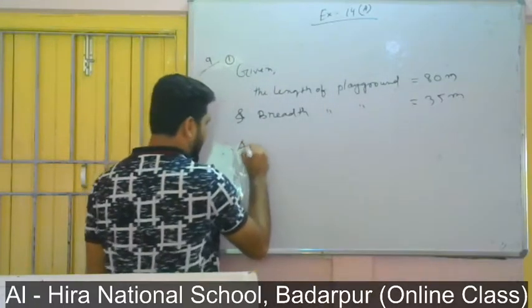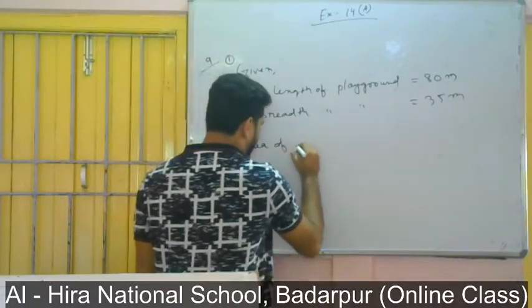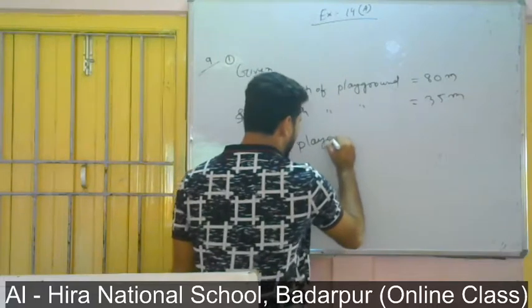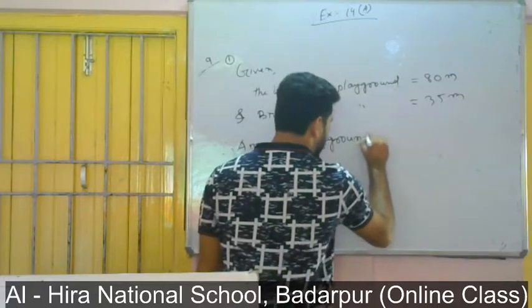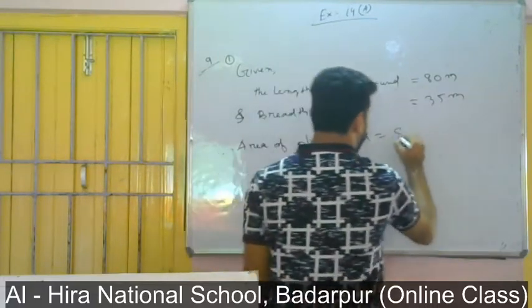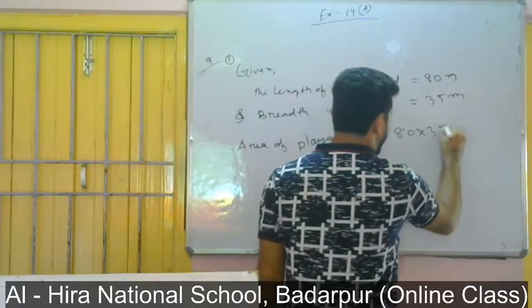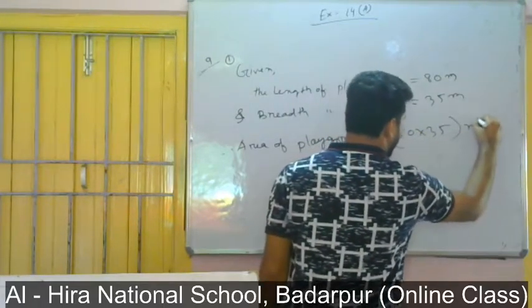Therefore area of playground will be 80 into 35 meter square.